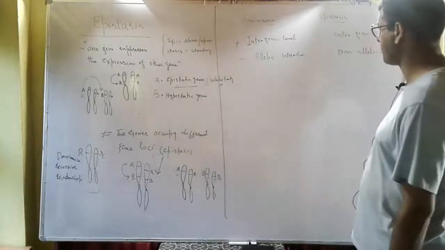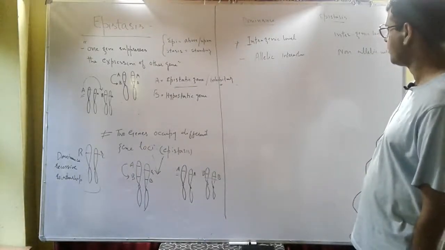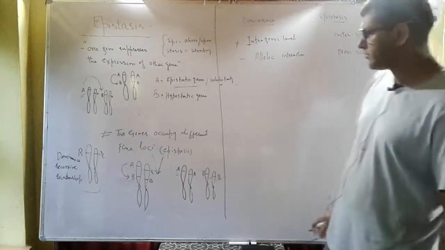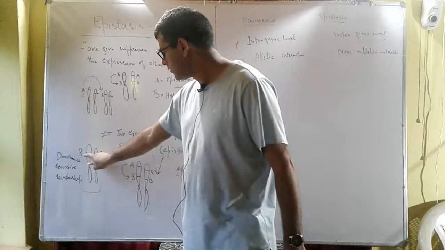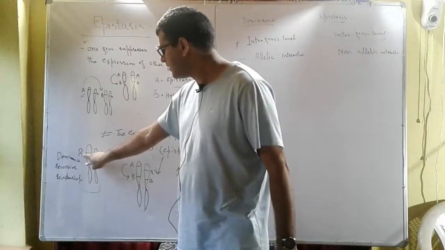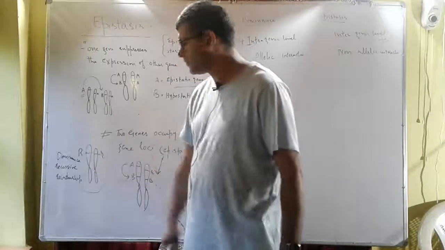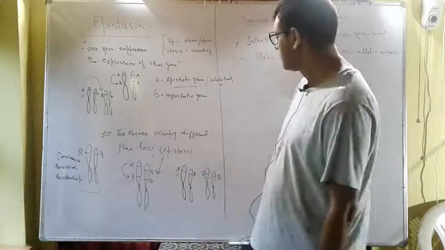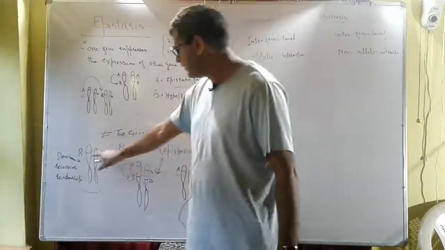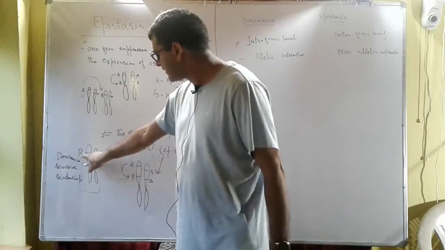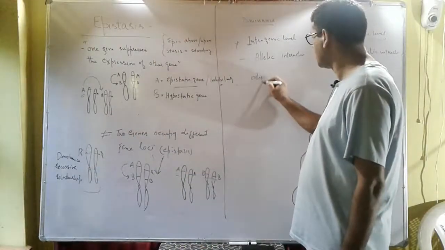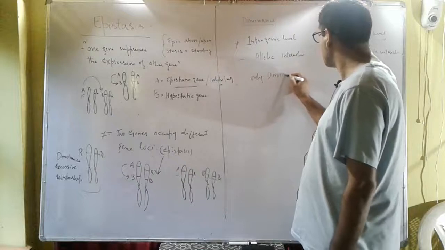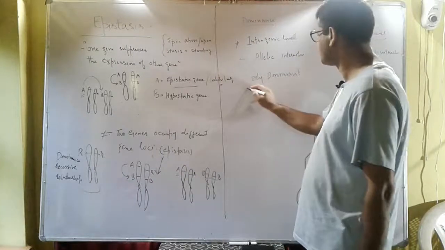In case of dominance recessive relationship, only the dominant allele is able to inhibit the recessive allele. That means only the dominant allele can inhibit the expression of the recessive allele.